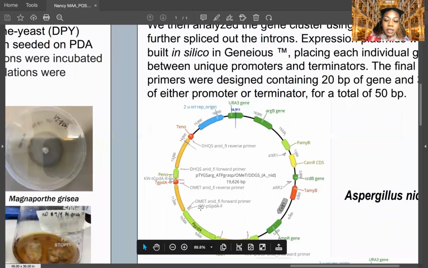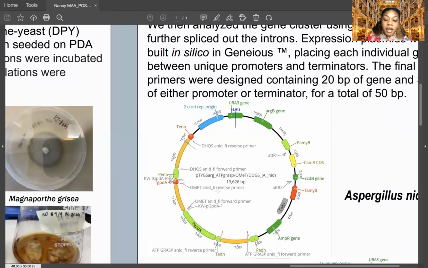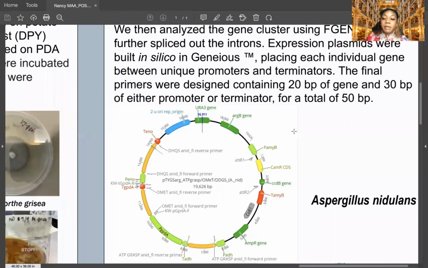And so you would see the forward primer, which has 20 base pairs of our gene, located right here. And our reverse primer has 30 base pairs of our gene, for a total of 50 base pairs. And each of our fungi had about 2 to 3 genes that coded for our MAAs per fungi.